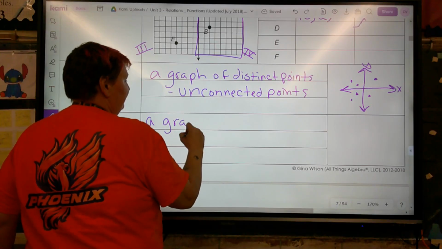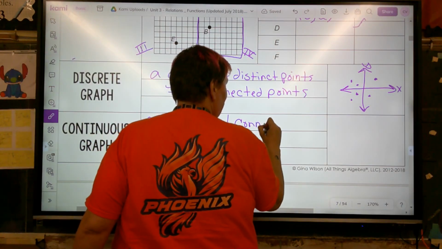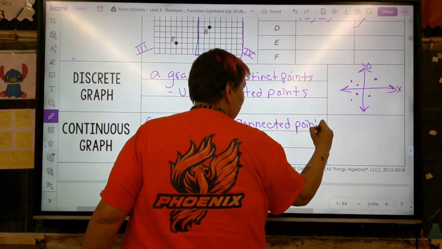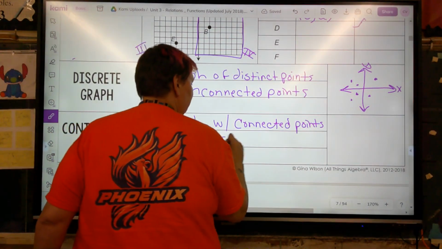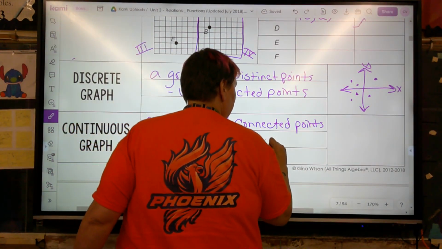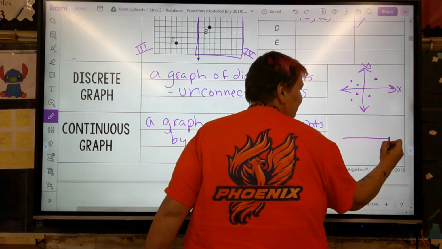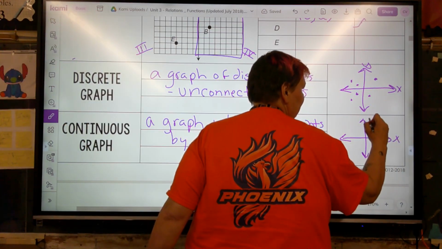A graph with connected points by lines and curves. Lines and curves. Right? Connected. So again, x-axis, y-axis.